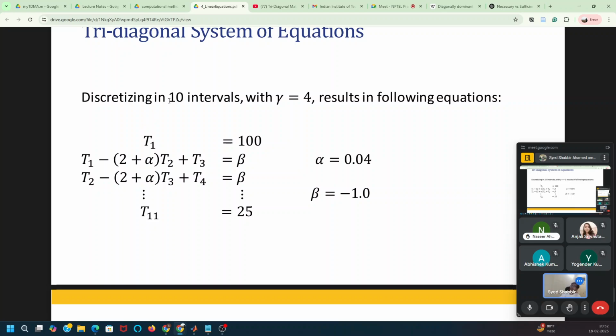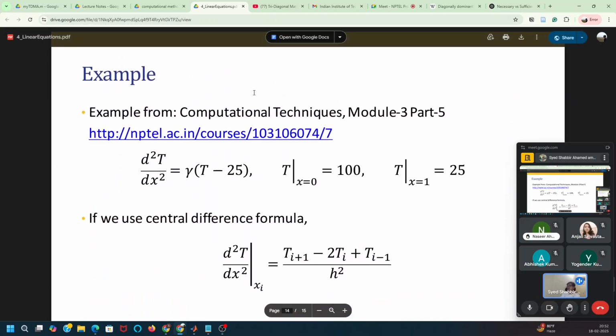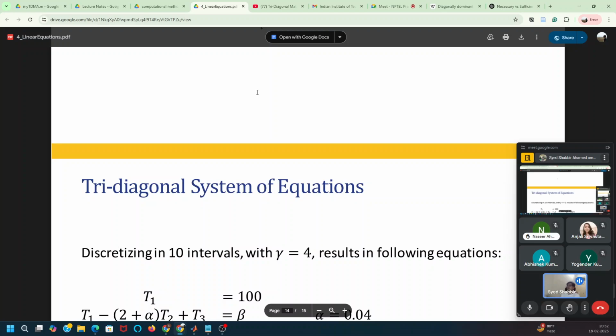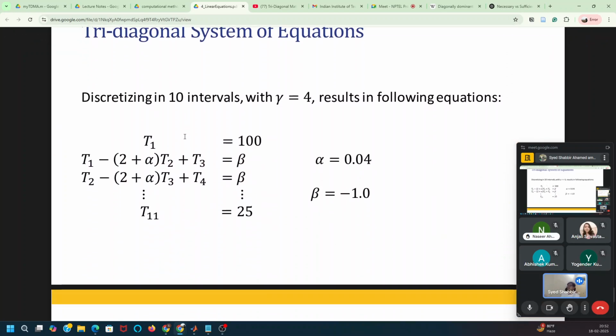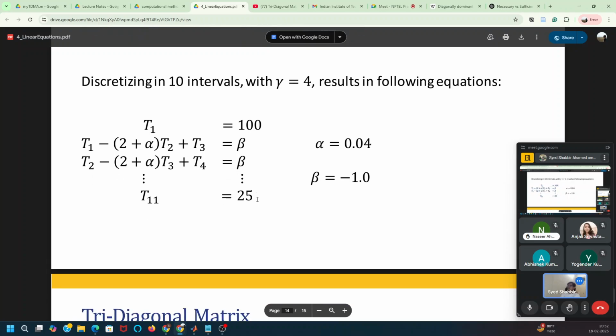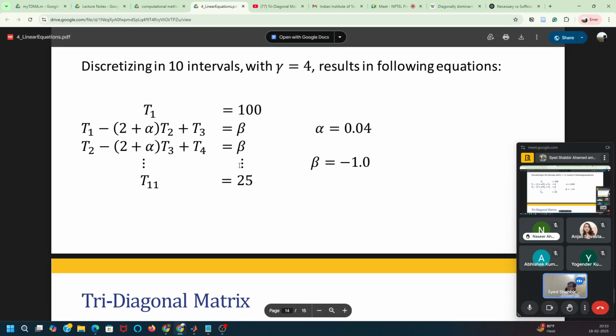So at various points on the bar, I can get the temperature by solving this linear system of equations. That's what this method is doing.